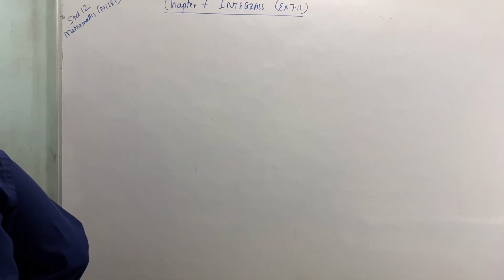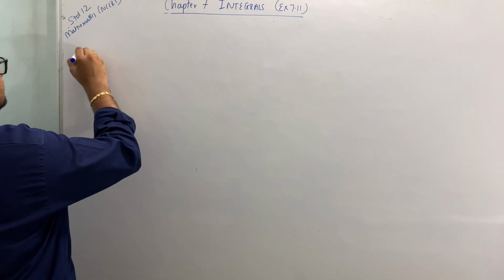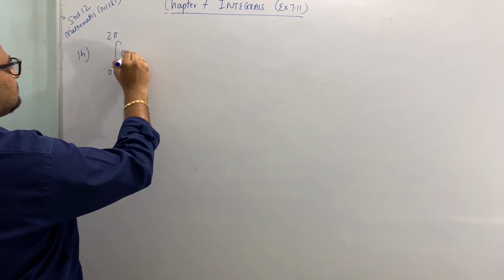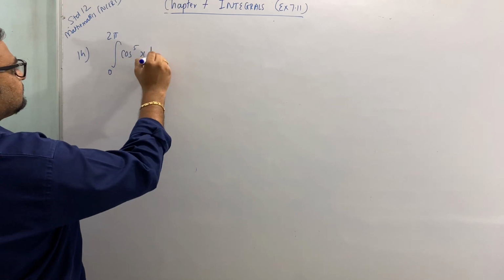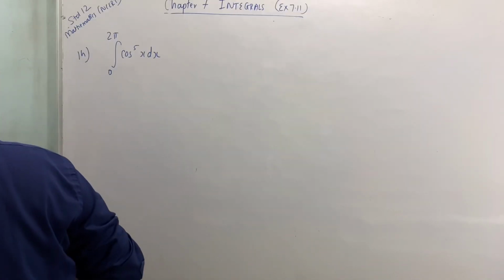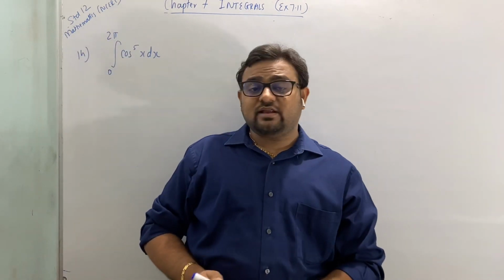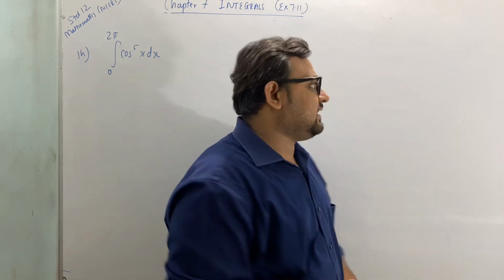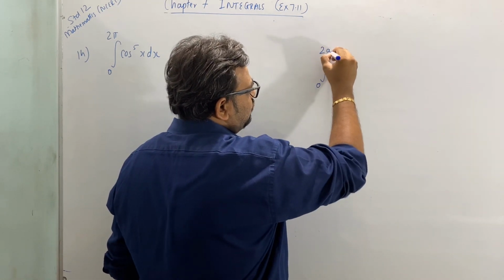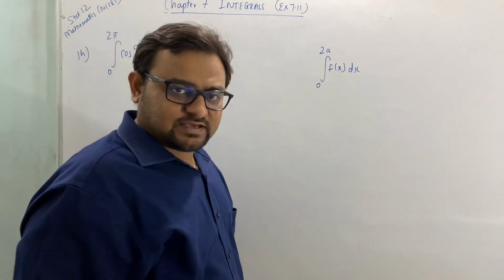0 to 2 pi of cos raised to 5 x. Yes, 0 to 2 pi cos raised to 5 x. Okay, so again we will use one of the properties. There was a property for integral from 0 to 2a of f of x dx.